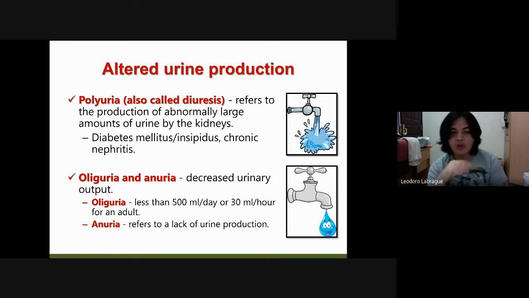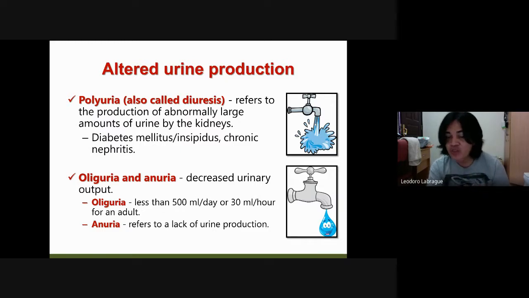Okay. There's also another term, the worst form of urine dysfunction, which is called anuria. Anuria is a condition where the urine output is very, very limited. In some cases, the patient doesn't have urine output at all.